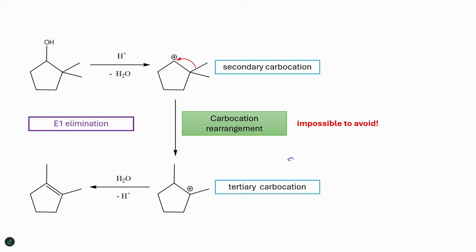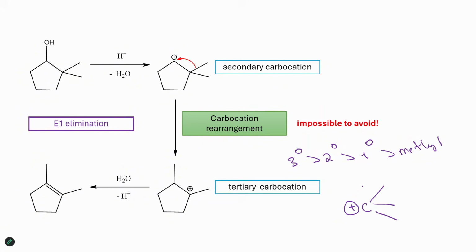Always, a tertiary, third degree carbocation is more stable than a secondary, which is more stable than primary, which is more stable than methyl. The reason why we have this trend is because when you have a tertiary carbocation, you have a positive charge surrounded by, let's say this is a carbon and it's surrounded by 3 alkyl groups.